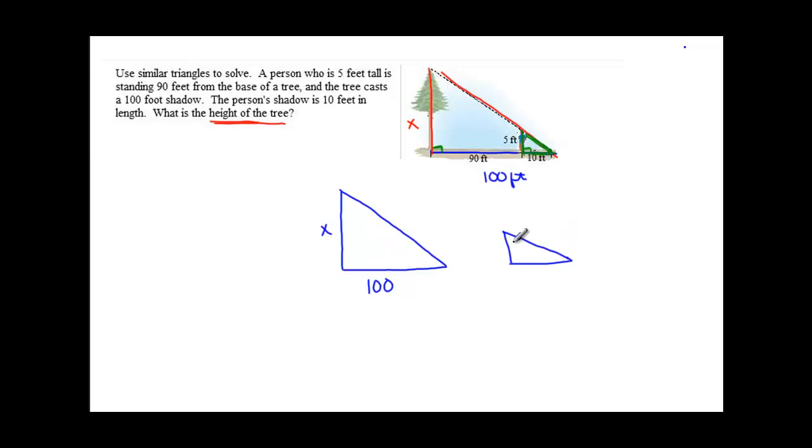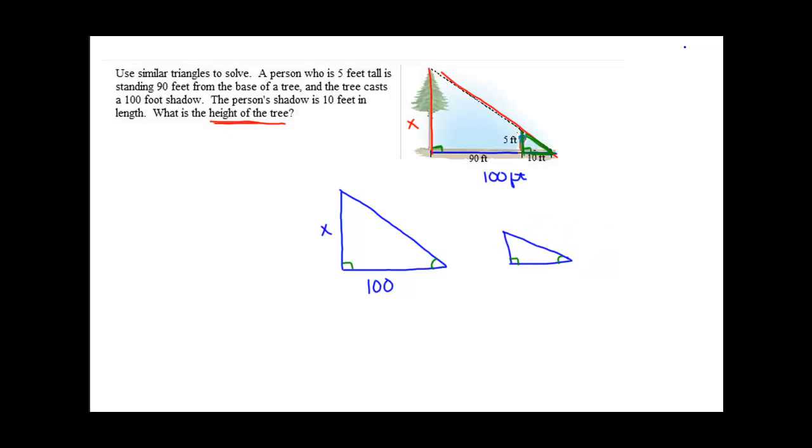So if this angle corresponds with this one, they have exactly the same angle measure, and then the remaining angle would have to be the same measure as well, since the sum of the angle measures of both triangles must be 180.